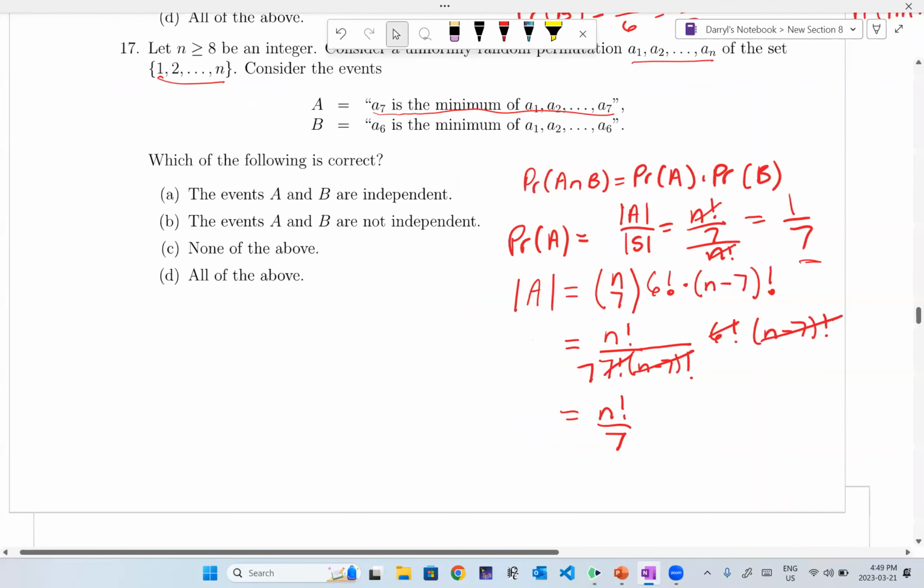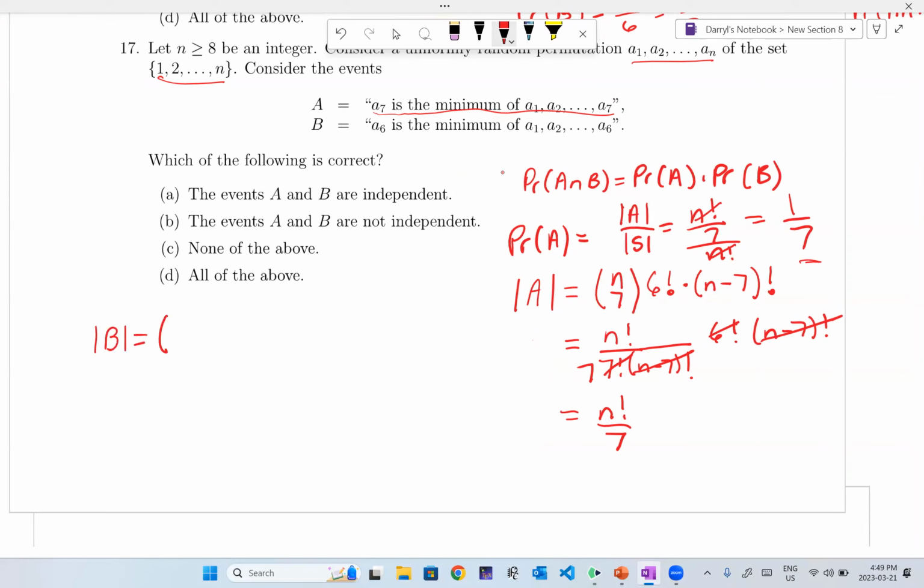Yeah, other questions? All right, so let's do probability of B. Let's do the size of B first. Same thing. Now that the minimum is found in location 6, I choose 6 numbers. I put the lowest one in location 6. I have 5 left to put in the other first 5 locations, 5 factorial. And then I have n minus 6 factorial. I have n minus 6 numbers left and n minus 6 locations to the right of my 6th position.